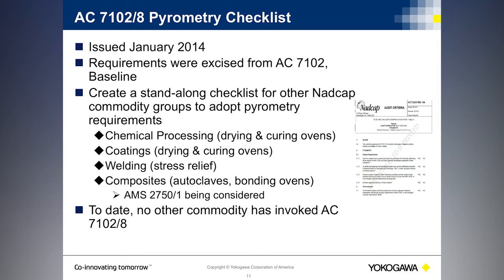Although right now there is an AMS 2750 dash version, or /1, being considered for pyrometry control for autoclaves and bonding. That document has not been completed and has not come up to AMEC as of yet, but they are considering a separate checklist or separate pyrometry specification for composites. As of today, there is no other Nadcap commodity that has invoked the 7102/8 checklist.